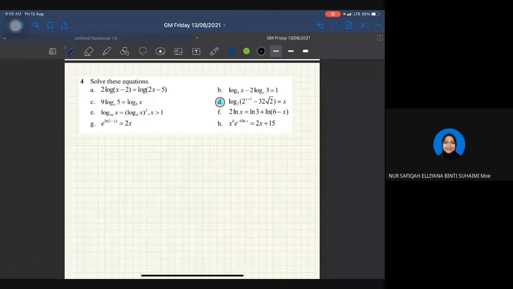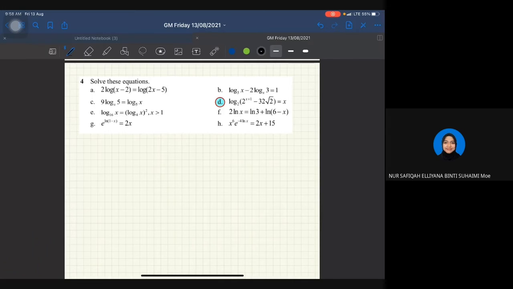Okay, so untuk soalan D, kalau awak tengok dia ada log, dia ada juga indices. Okay, so ada tak siapa-siapa ada idea? Apa first thing yang awak nak buat untuk solvekan dia? Panggil seorang lah.